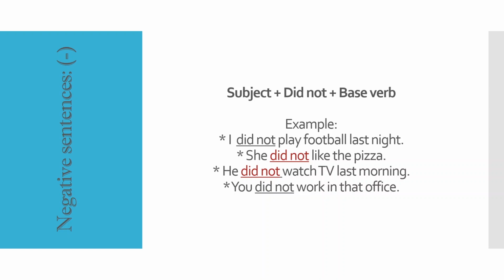Example, I did not play football last night. You don't need to change the helping verb and the main verb. Next example, she did not like the pizza. He did not watch TV last morning. You did not work in that office.